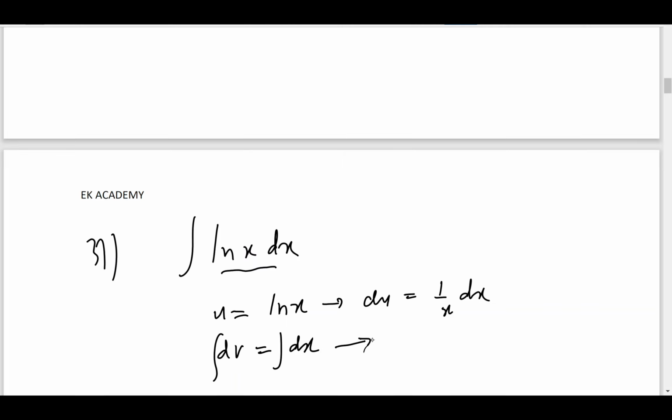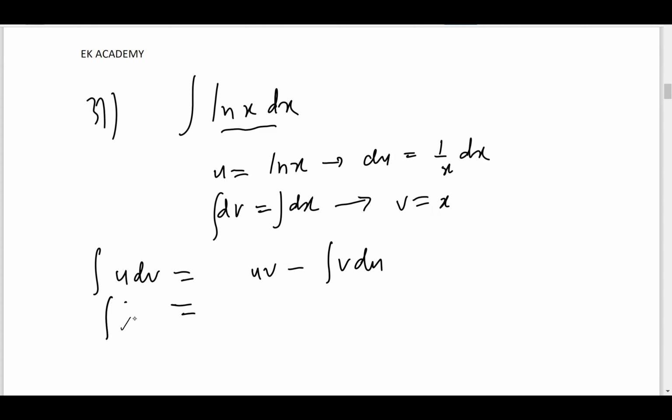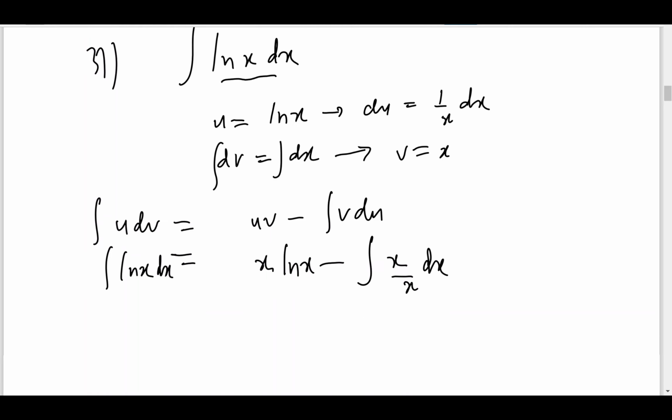You integrate and you get v equals x. Now the integral of u dv is uv minus the integral of v du. So the integral of ln x dx is x times ln x minus the integral of x times 1 over x dx.